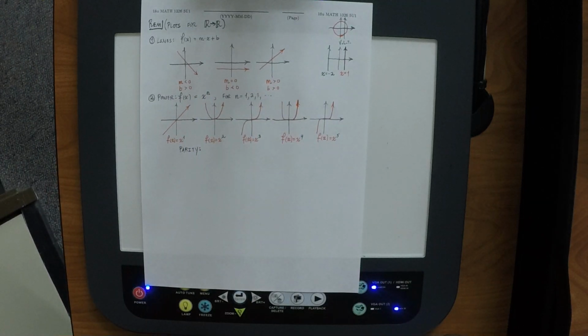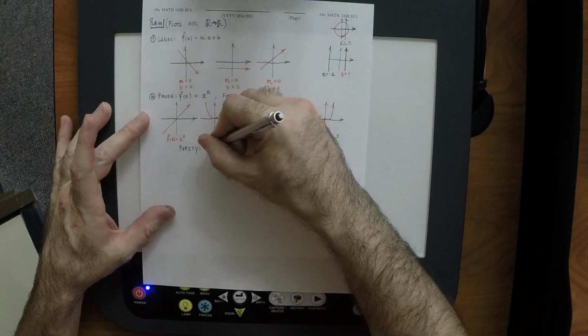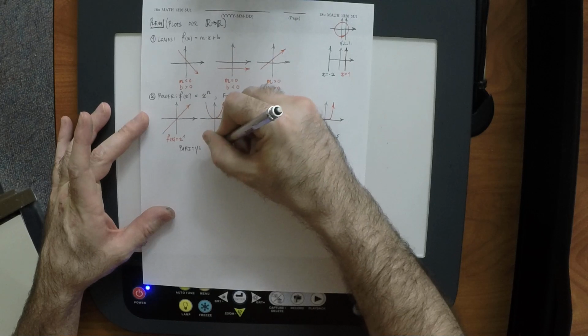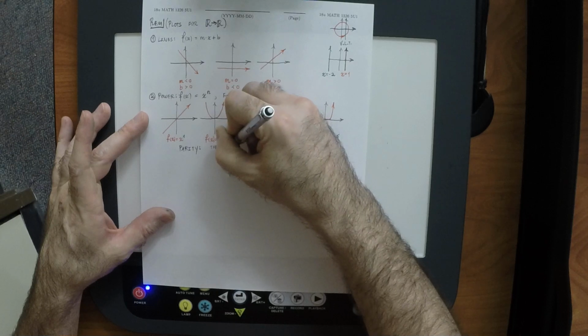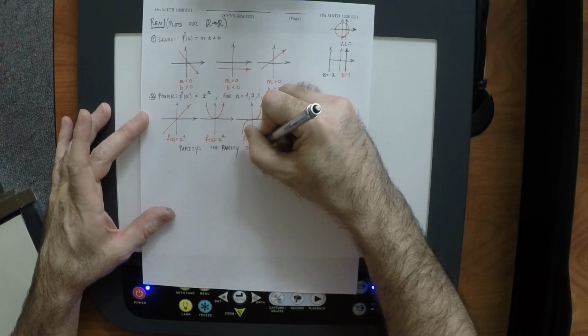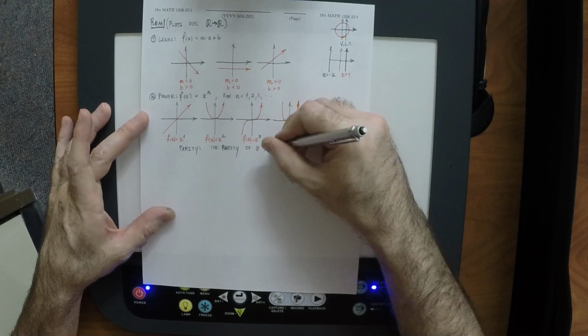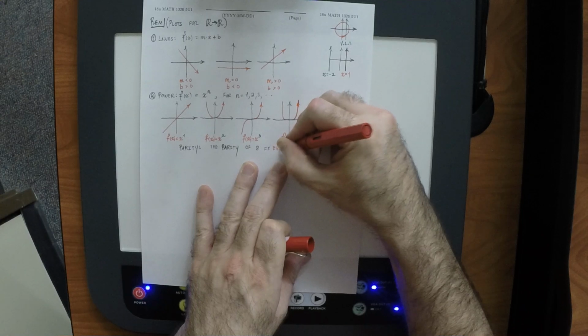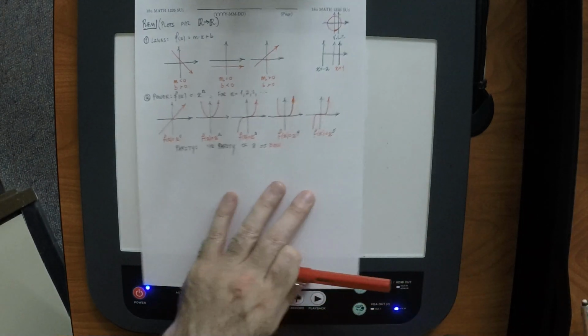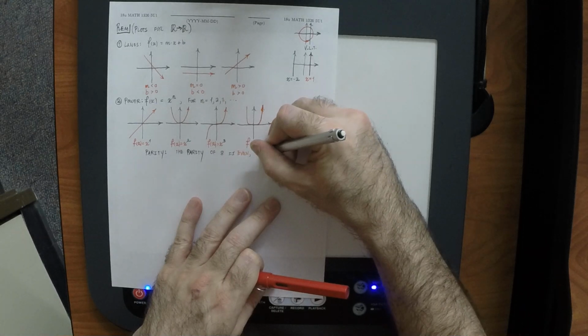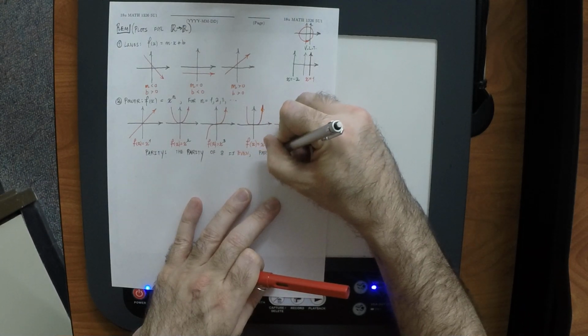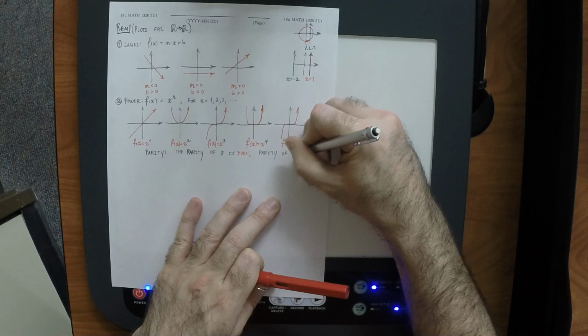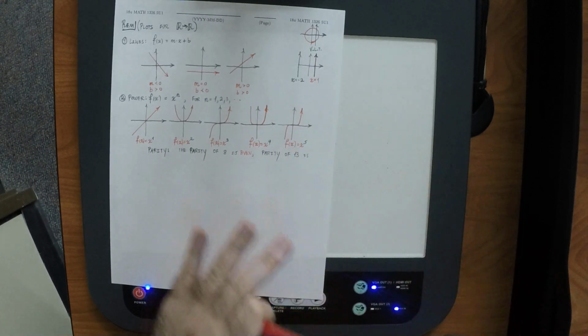The way you can use it in a sentence is to say that the parity of 8 is even, and the parity of 13 is odd.